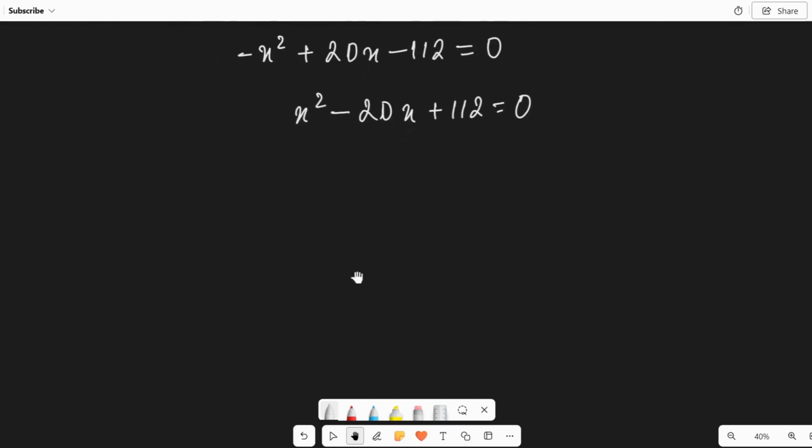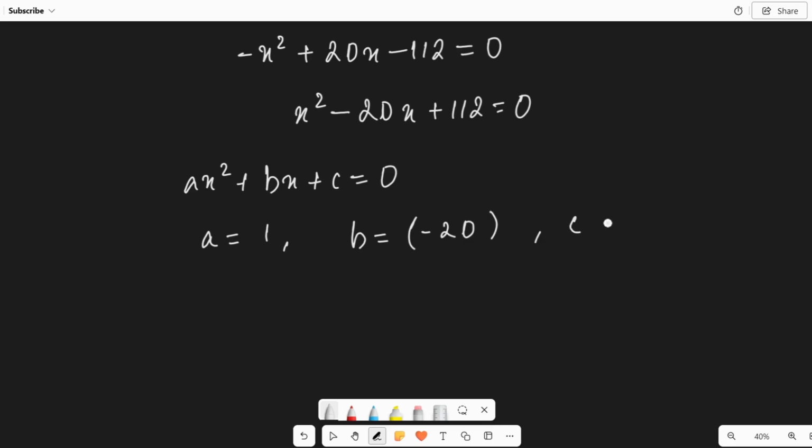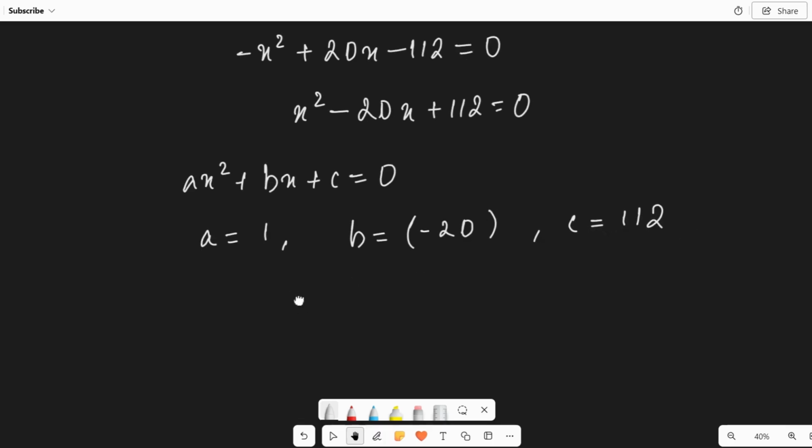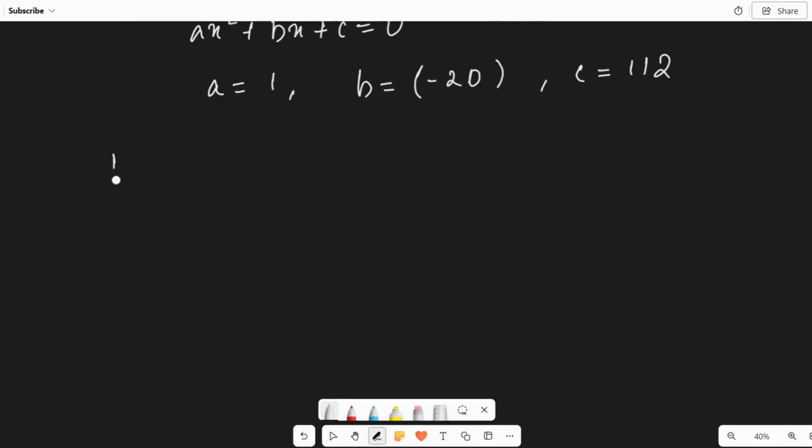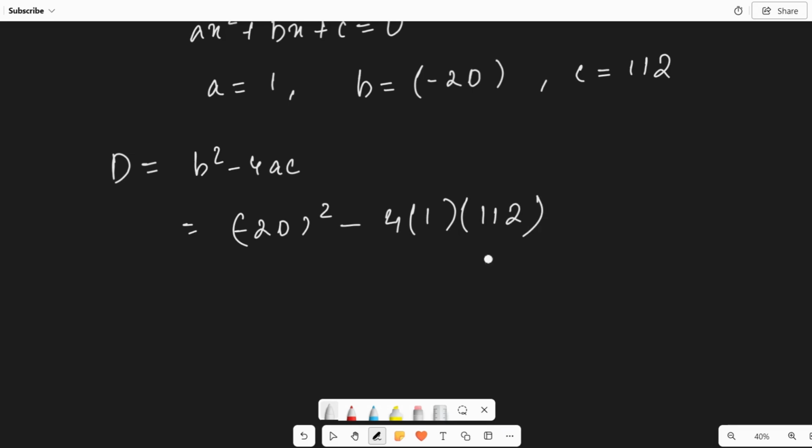Okay, so now comparing this equation with the general form of quadratic equation, that is ax square plus bx plus c is equal to 0, we first need to verify whether this situation is even possible or not. So a here becomes 1, b becomes minus 20, and c is equal to 112. So finding out the discriminant, that is b square minus 4ac, is minus 20 whole square minus 4 into 1 into 112.